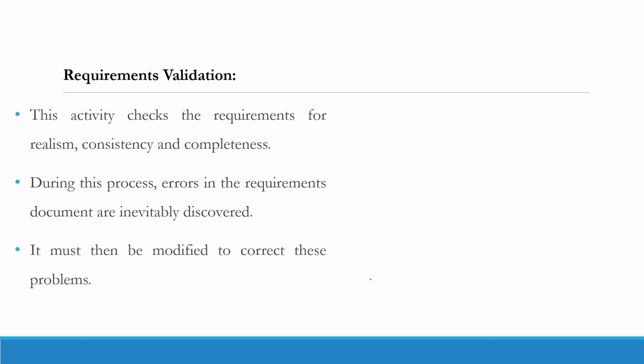production. So this part checks the validity of the requirements according to the user's interest, or the user's requirements, and whether all requirements are gathered and specified correctly, consistent, and based on the realities.